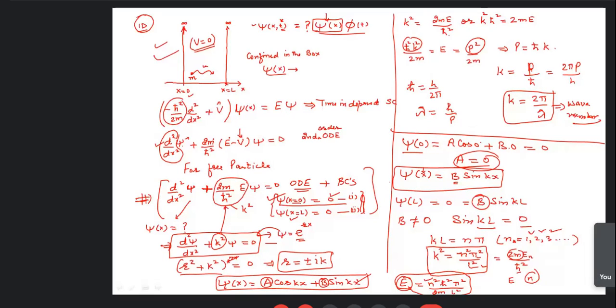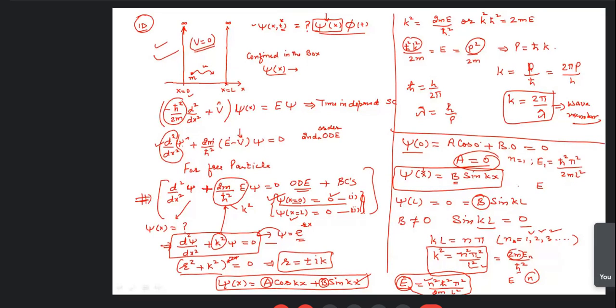So we can put all these values here and see what we can write. Corresponding to n equals 1, you can write this energy as E1, and E1 is square of 1, which is 1, so it is h bar square pi square divided by 2m L square.